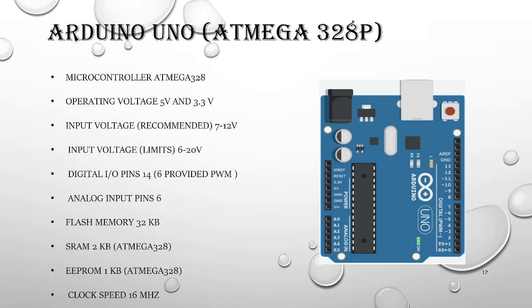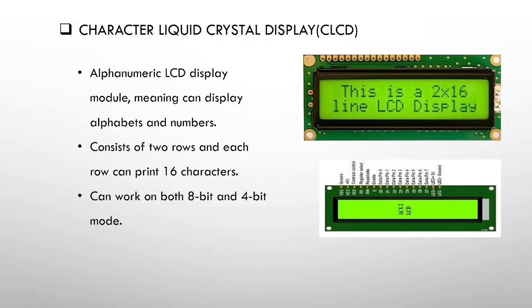The Arduino Uno has 32 kilobytes of flash memory, 2 kilobytes of SRAM, 1 kilobyte of EEPROM, and its clock speed is 16 megahertz.